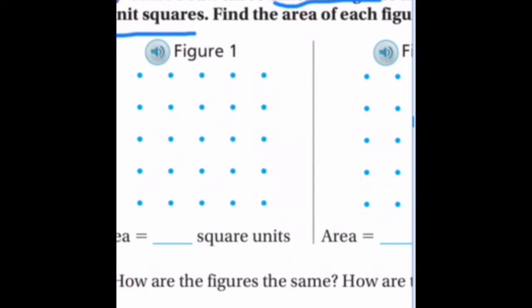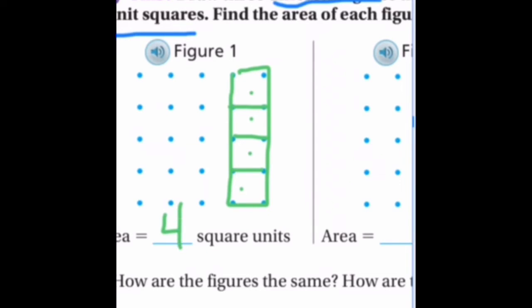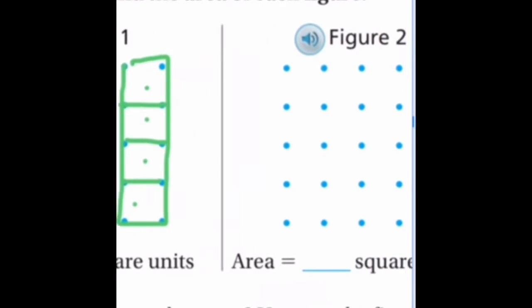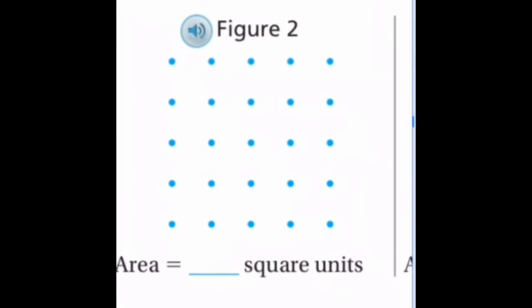All right, I'm assuming you did your 3 shapes. I'll draw 3 of my own. 4 unit squares. 1, 2, 3, 4. I can do a 1 by 4. Okay, that one has 1, 2, 3, 4 individual squares, so its area is 4 square units. All right, coming over here, I'm going to draw a slightly different one.